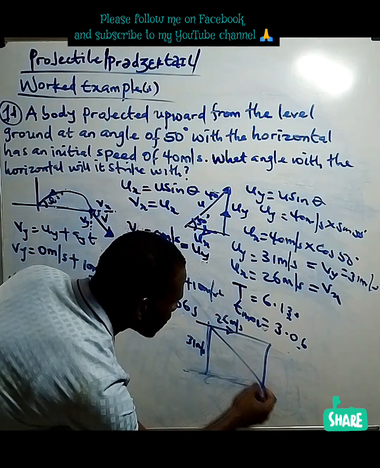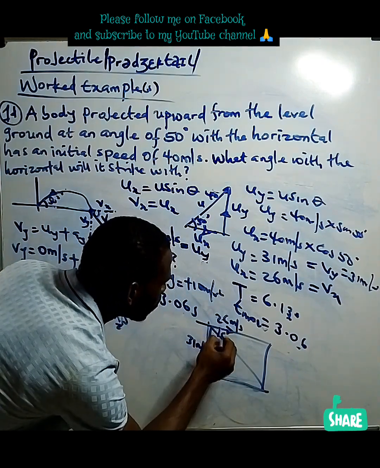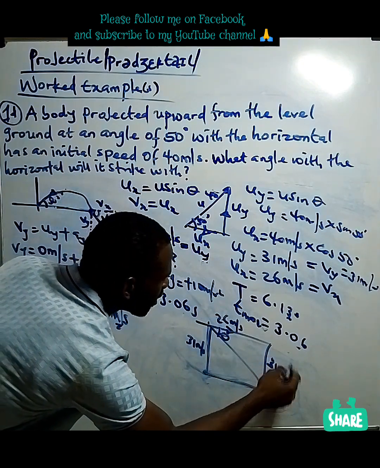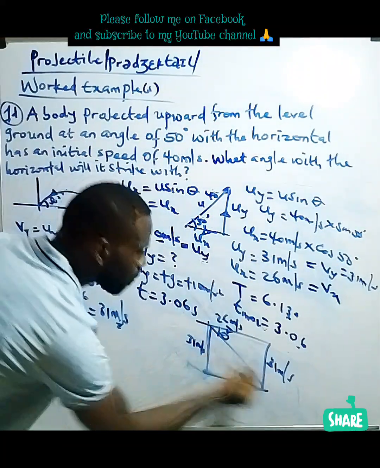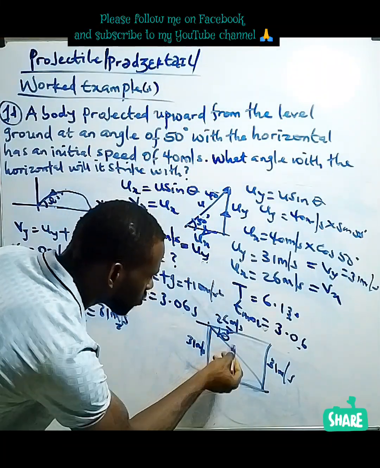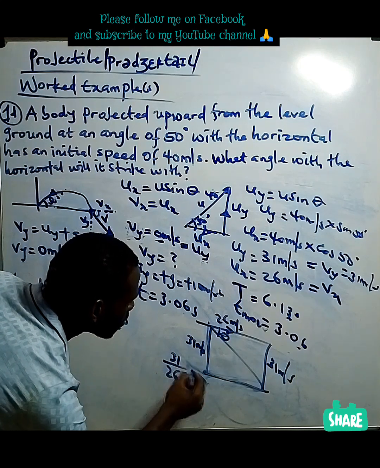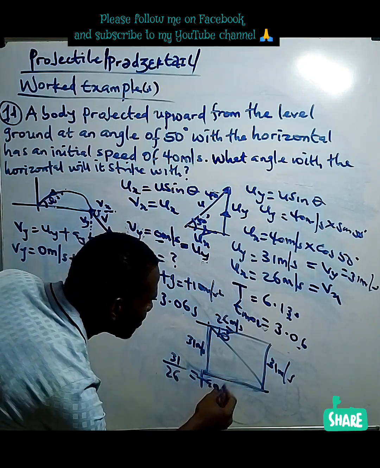So this is the resultant, and this is the angle theta against the horizontal, with 31 meters per second here. So we use our normal trig understanding. Opposite over adjacent gives us tan theta. So that will be 31 over 26. Tan theta equals 31 over 26.